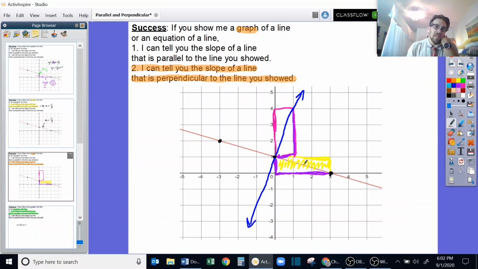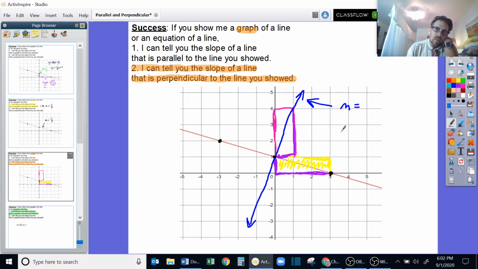But the idea here is, if I want to imagine a line that is perpendicular to this red line that has a slope of -1/3, we would rotate it 90 degrees, and then I want you to notice the slope of this new perpendicular line.